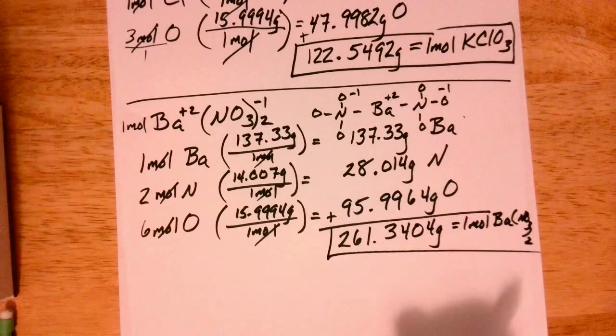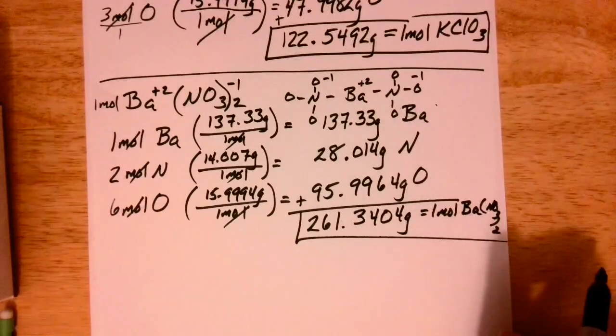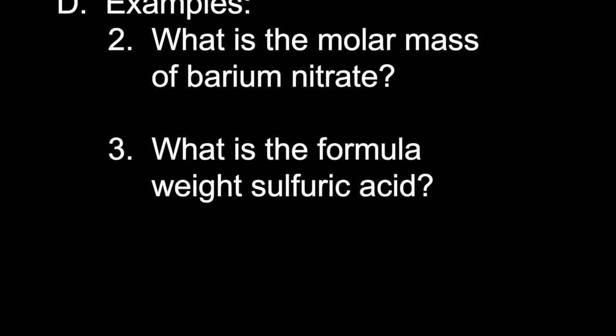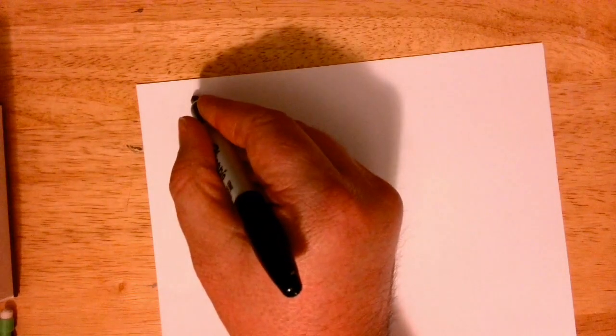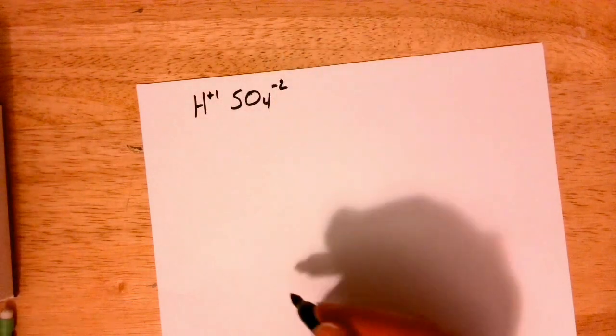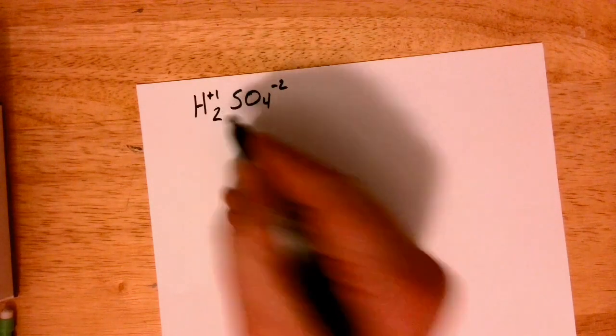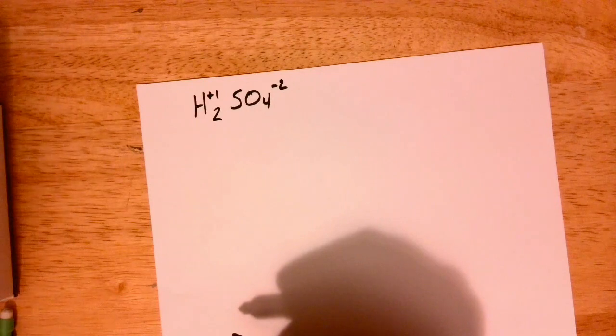I ran out of room there. Again, this is going to be a conversion unit for later on. What is the formula weight of sulfuric acid? If you have sulfuric acid, hydrogen is +1, sulfate is -2. So +1, -2, I need 2 hydrogens to balance it out.